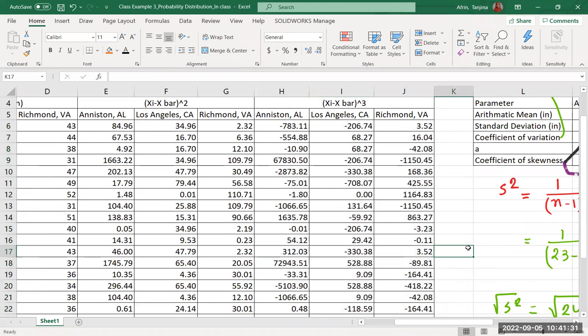This time you can get negative because the power is cube. So if the difference is negative and you cube that, it will again be a negative number, right? Check the first two rows first, just to make sure you did the calculation correct.